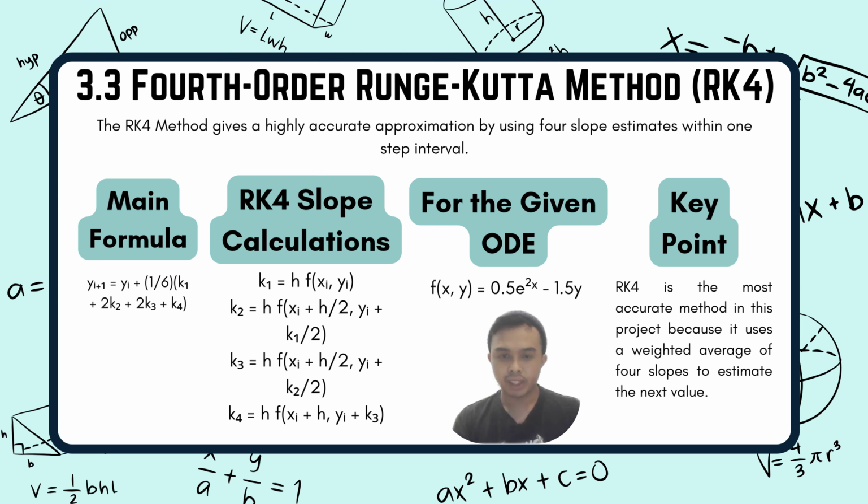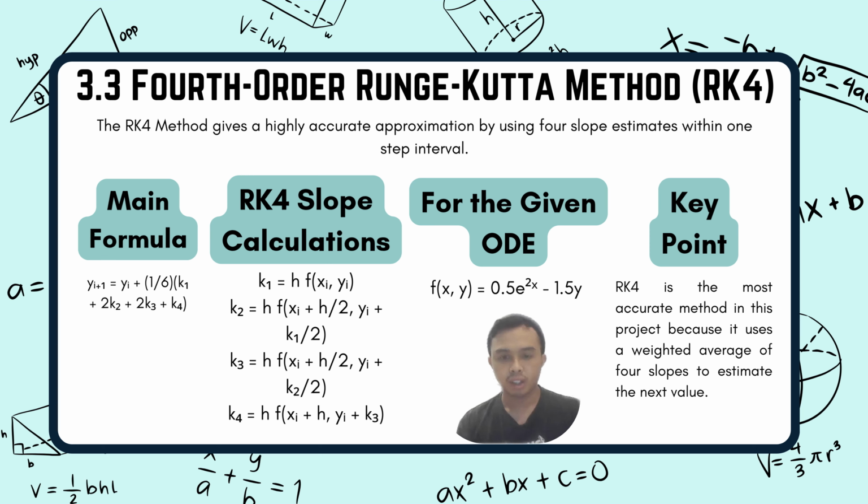The first slope, K1, is calculated at the beginning of the interval. The second and third slopes, K2 and K3, are calculated at the midpoint. The fourth slope, K4, is calculated at the end of the interval.